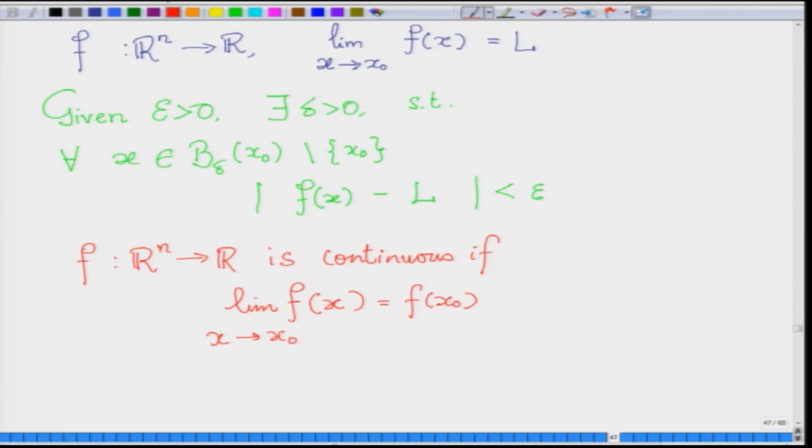In this case, I am expecting f to be defined at x naught. If this is true, then we say that the function is continuous.